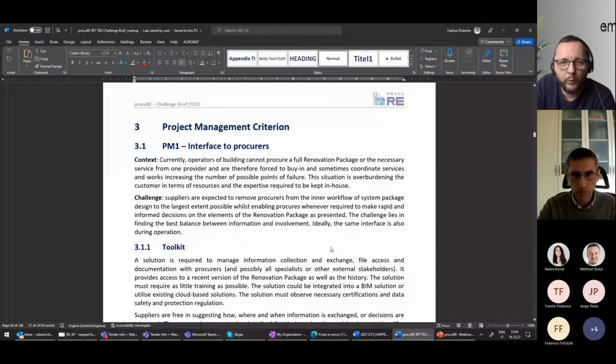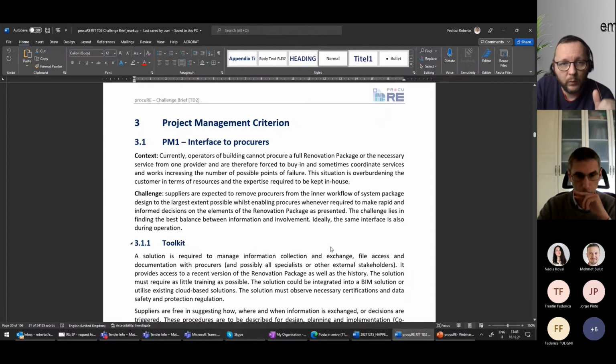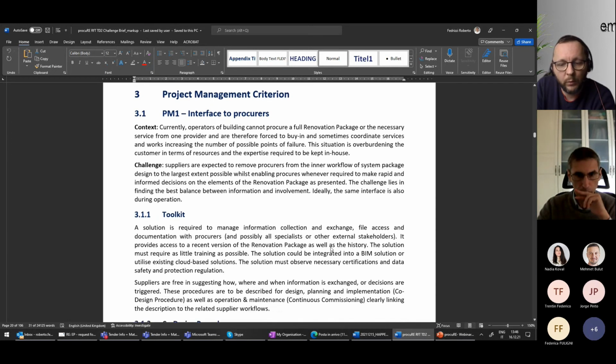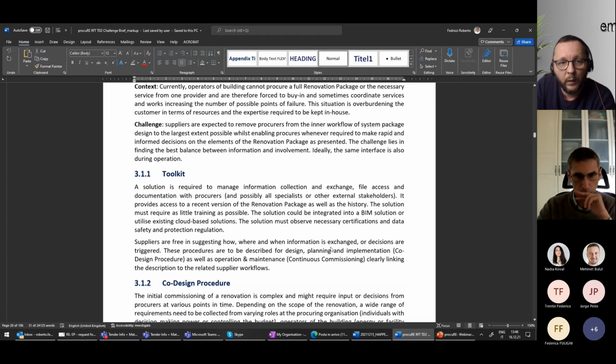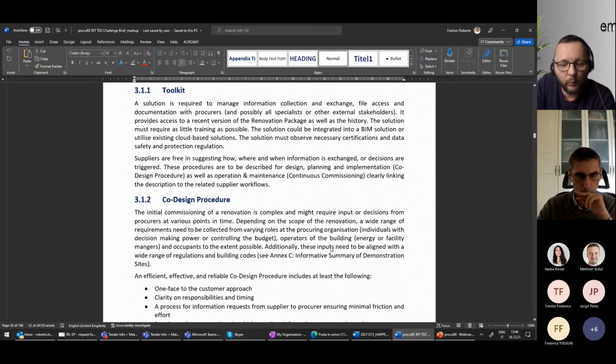So that's the overview over the first 2 sections. In project management, there are 2 elements to it. First is the interface to procurers, which is basically the co-design procedure. Roberto already mentioned it during the presentation of the system package design, that you will have your internal workflows of designing, but we also expect a description of a procedure on how you would interact with the procurers.